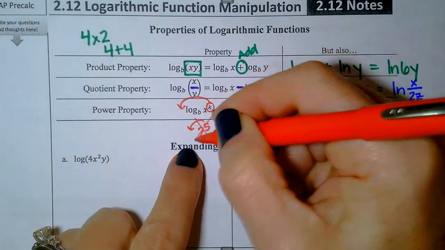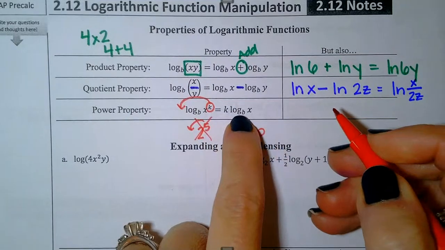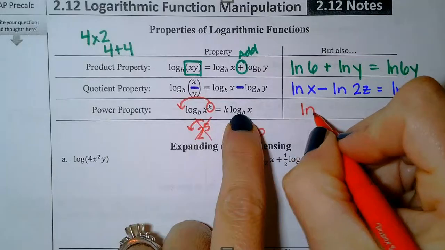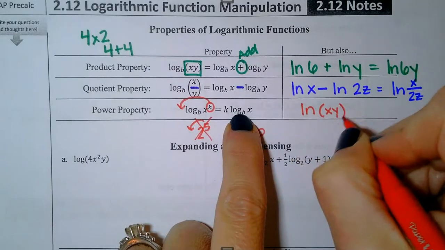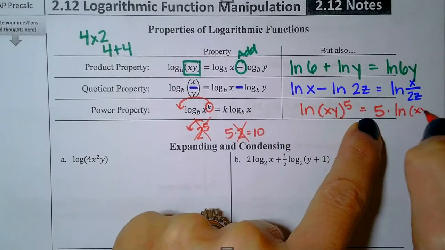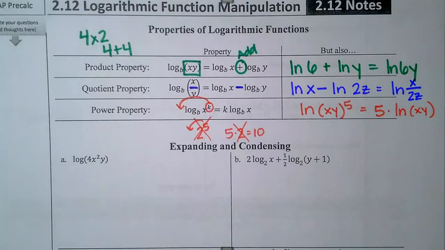Those do not work. This only works because you're also hitting that log button. So same thing here: the natural log of xy to the 5th is the same as 5 times the natural log of xy. It's all because it's powers.